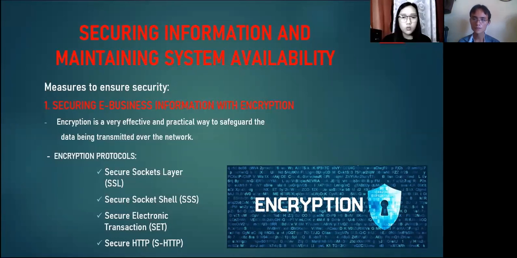And we can say that encryption is a part of any network security system and is particularly important in e-business.